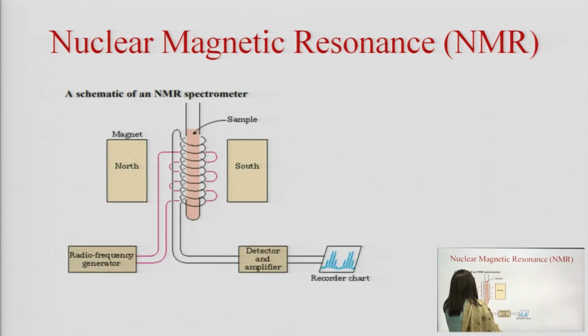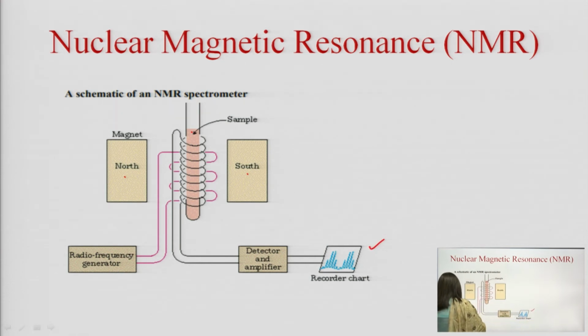This is the schematic diagram or representation of the nuclear magnetic resonance instrument. Here you can see the two poles of the electromagnet. In between, the sample in solution is kept. These are the coils around the sample, which record the signals; the signals are detected and amplified, and finally a record chart is taken.